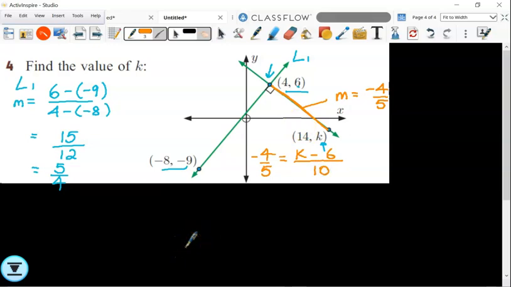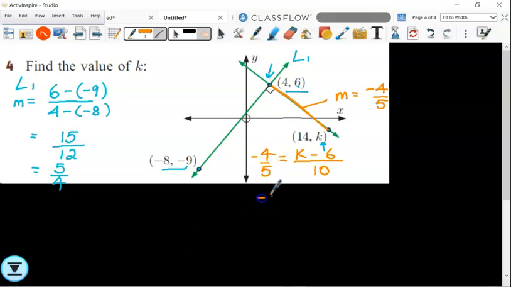Talk to me about the algebra here. How are you now going to solve that? Yes? Sorry? Multiply both sides by 10? Yes, and then by 5. So you could cross multiply. There's something else that you could do to make your life easier. What do you notice about 5 and 10? Times by 2. Yes.